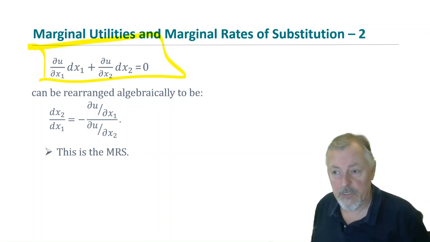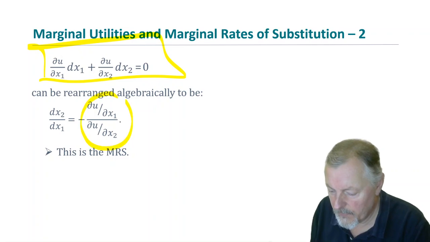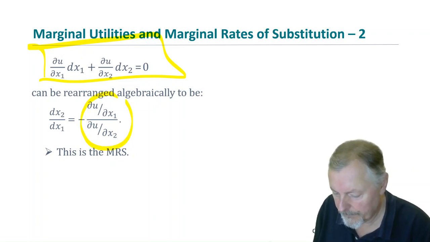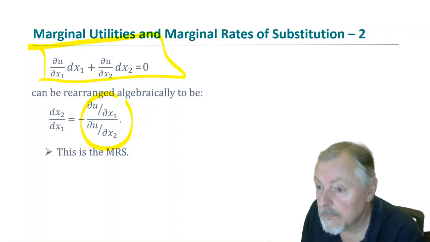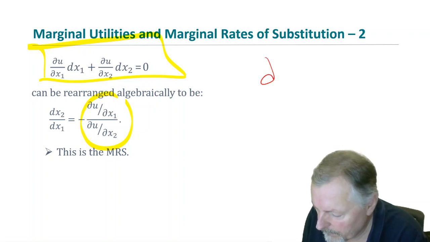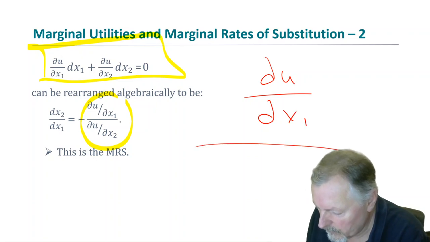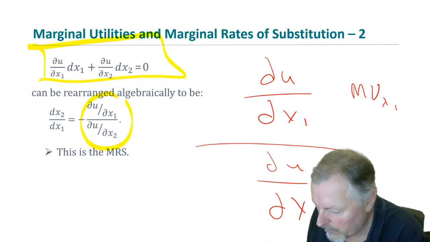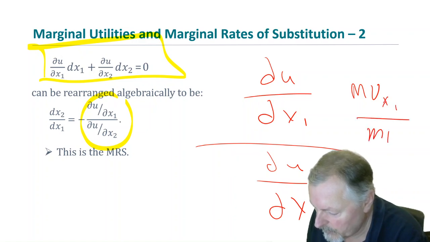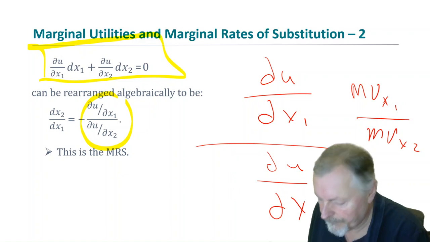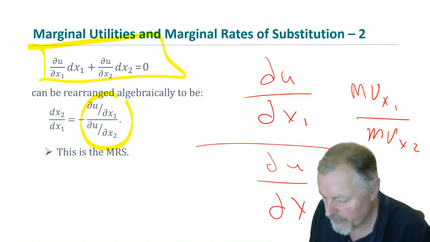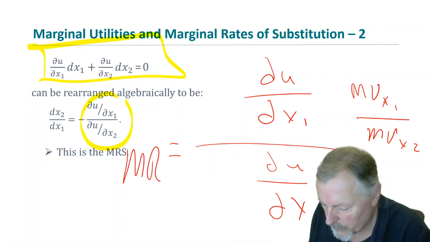Now, if you rearrange this, you get this, which I'll try to write a little larger: du/dx1 over du/dx2. This is the marginal utility of x1 over the marginal utility of x2, which is the marginal rate of substitution.